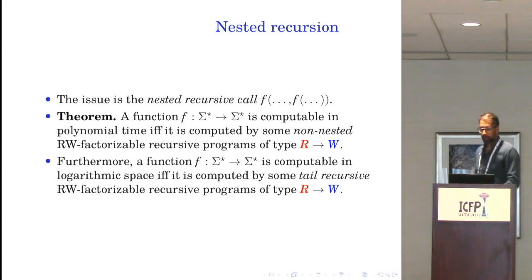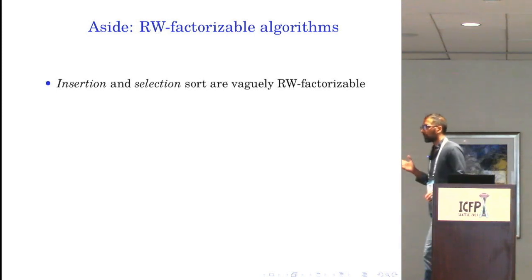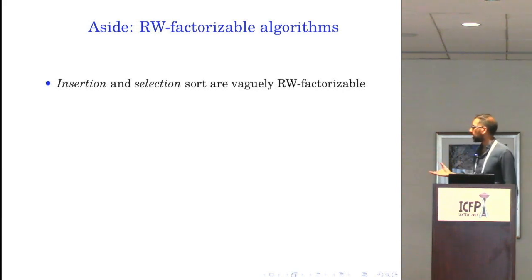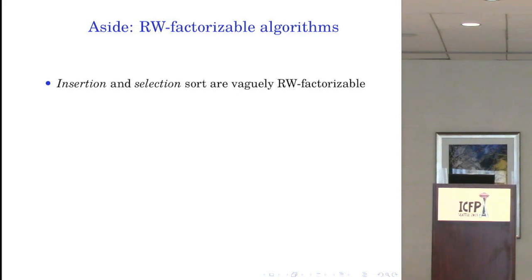But if we think about it even more generally as an algorithmic paradigm, let's look at some sorting algorithms. I think it's instructive to think about how this concept can be used to maybe give a taxonomy to various algorithms. So insertion and selection sort are vaguely RW factorizable.